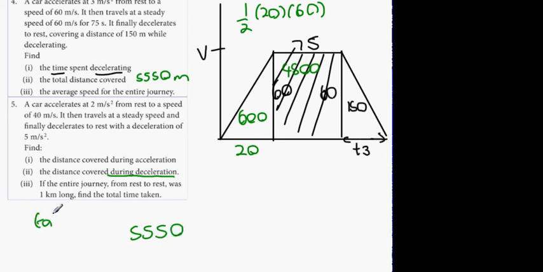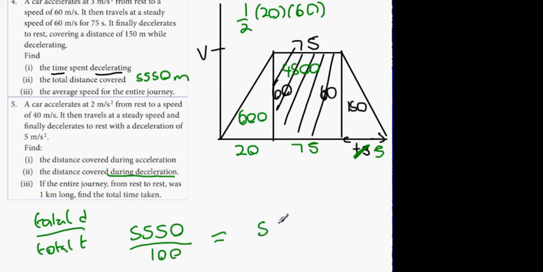So total distance over total time, total D over total T, is going to be, what's the total time? We found out what T3 is, didn't we? A couple minutes ago, I think it was 5. So add it together and we get 100. And that means the average speed is 55.5 m s to the minus 1.